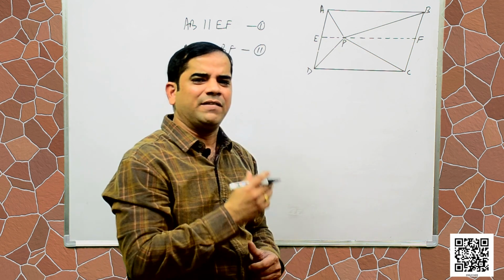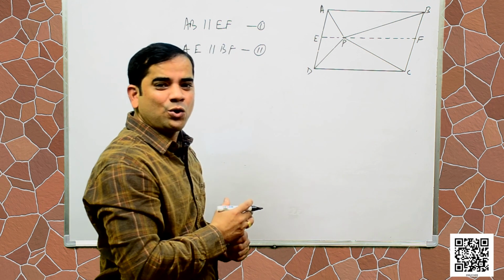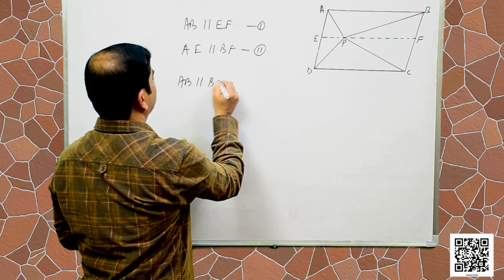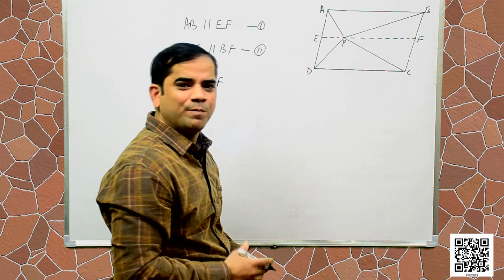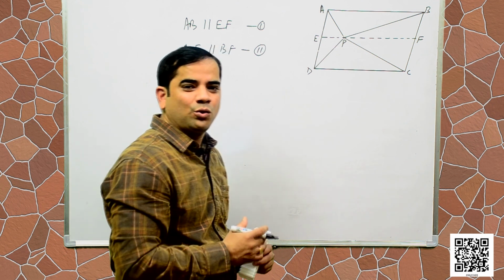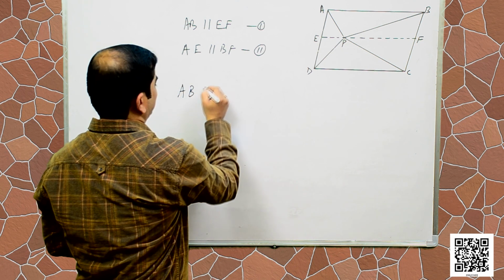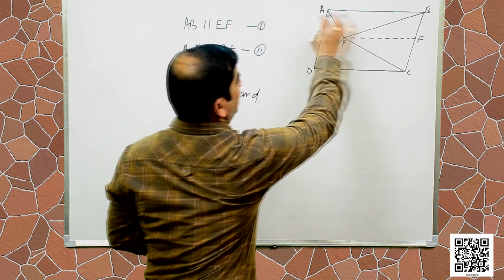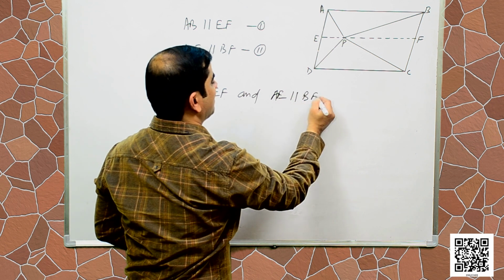So from equation 1 and 2, we get AB is parallel to EF and AE is parallel to BF.